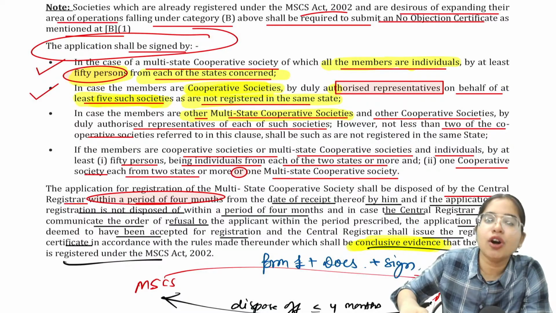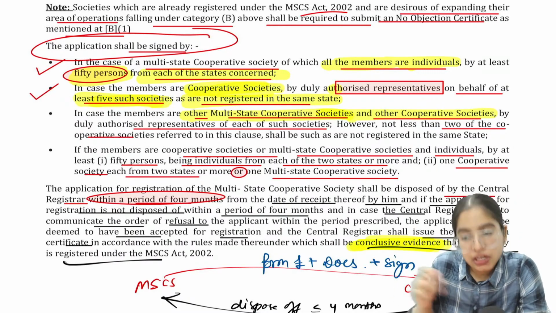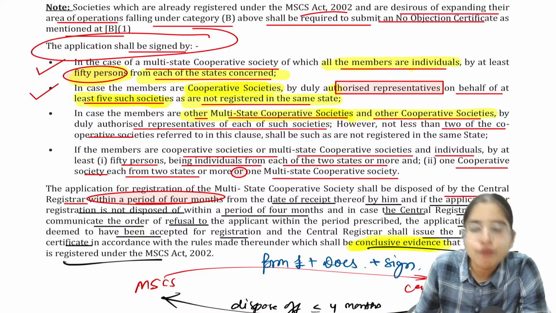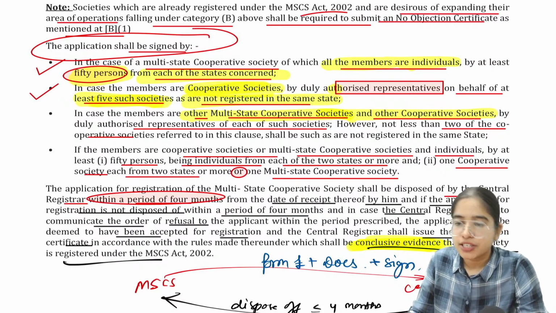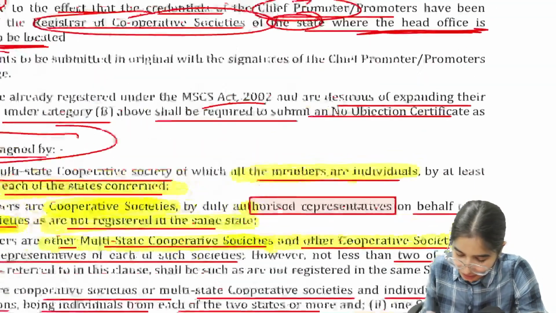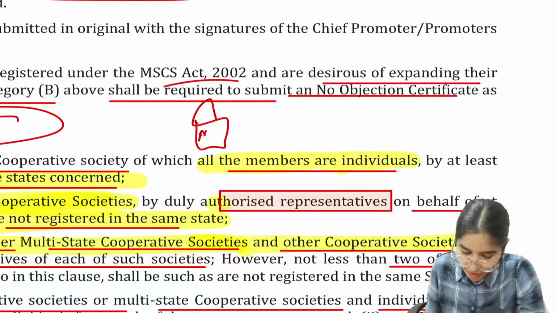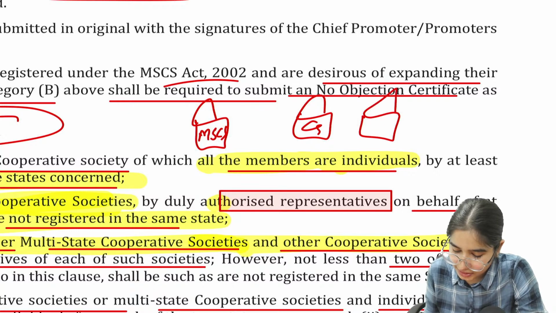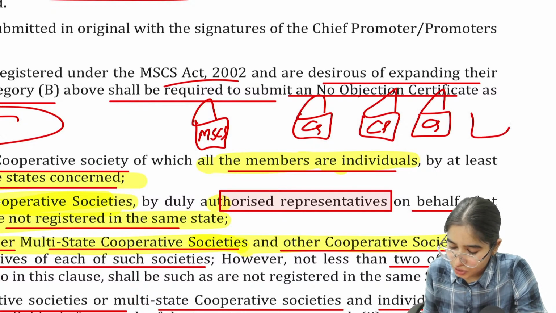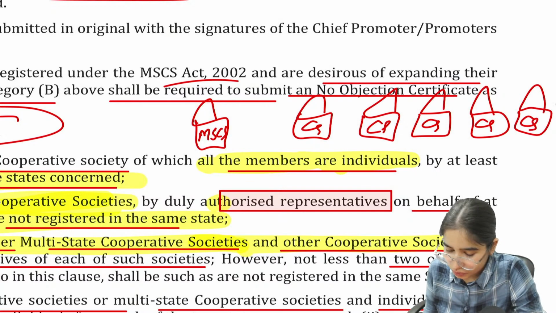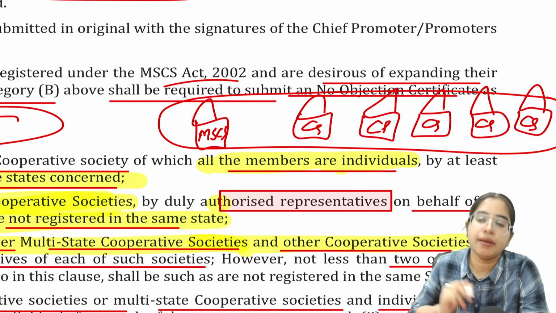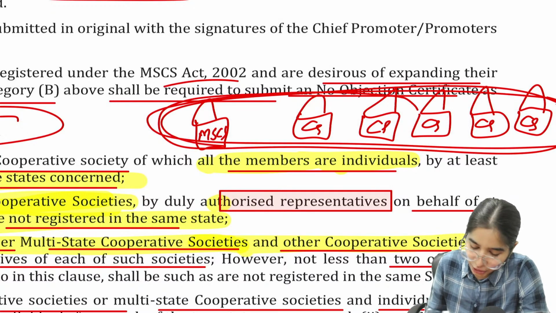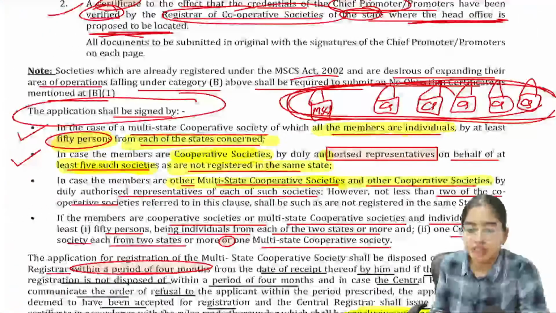Next, you know what? One multi-state cooperative society and other cooperative societies can also form a multi-state cooperative society. So let's take an example. This is an MSCS, a multi-state cooperative society, and these are cooperative societies. Together they want to form one more MSCS. Can they do so? Yes.